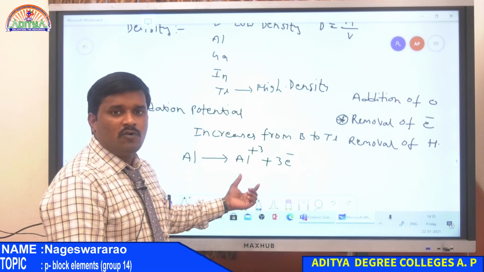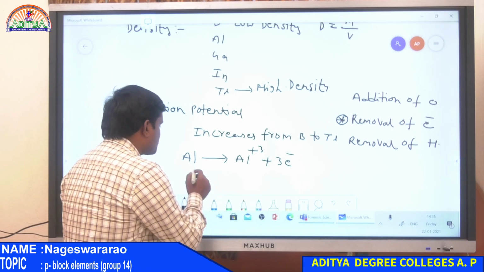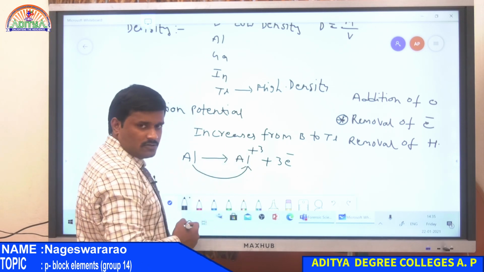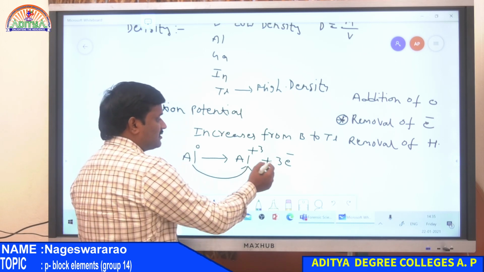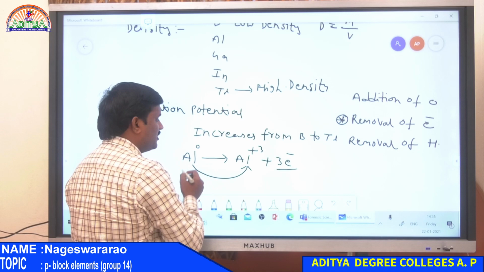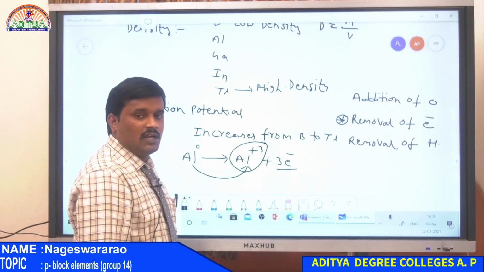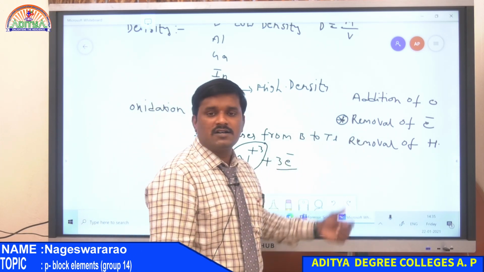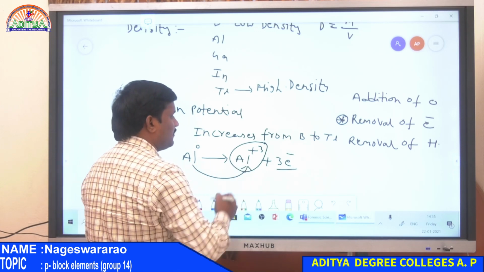There is removal of 3 electrons from aluminum, so it undergoes oxidation. It increases its oxidation number also. Aluminum has 0 oxidation state, but whenever 3 electrons are removed from aluminum, it becomes Al plus 3. Therefore, 3 electrons are removed from aluminum, so it involves an oxidation reaction and hence Al becomes Al plus 3.